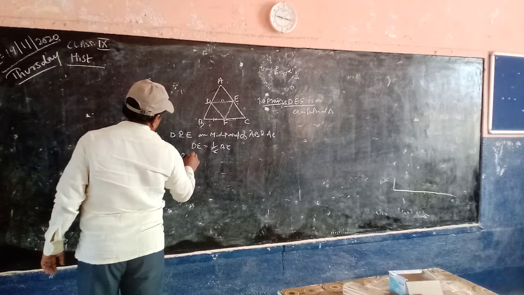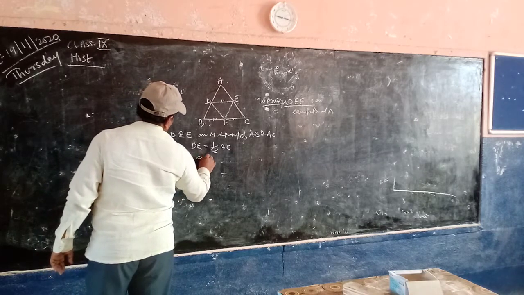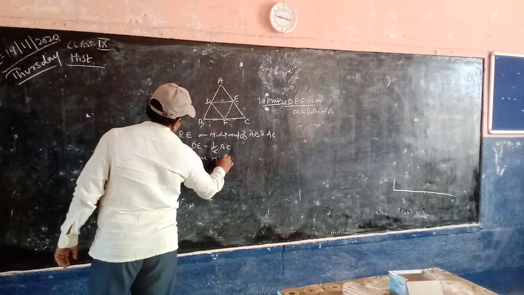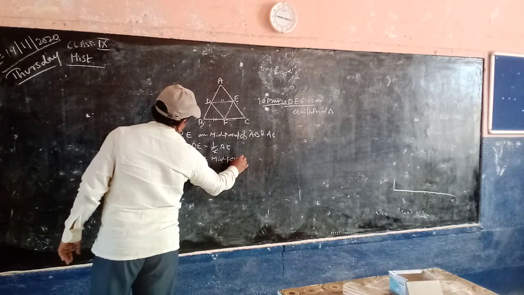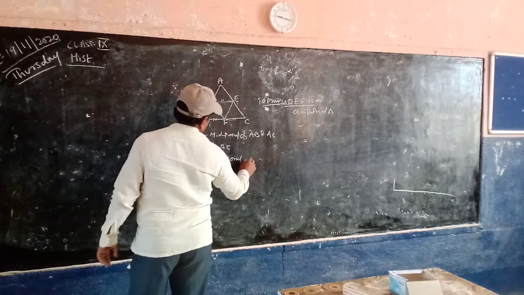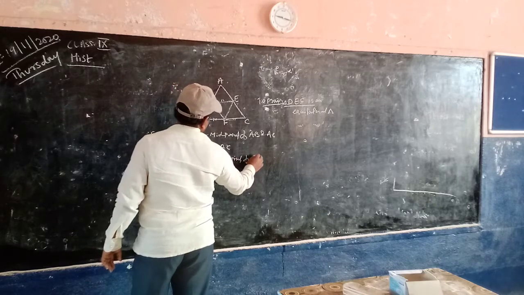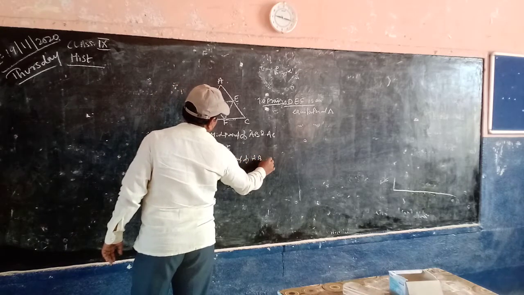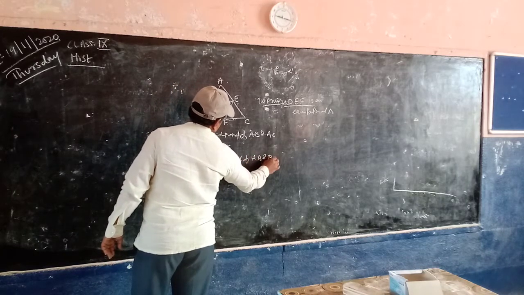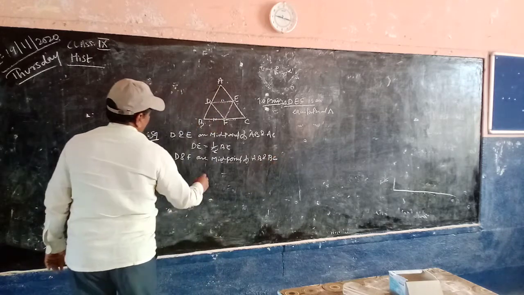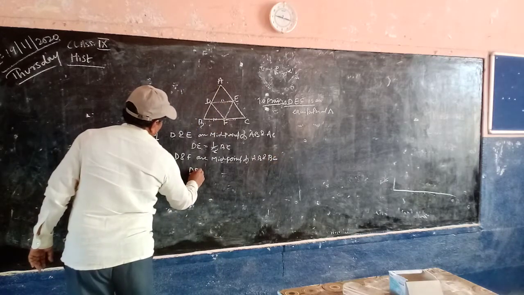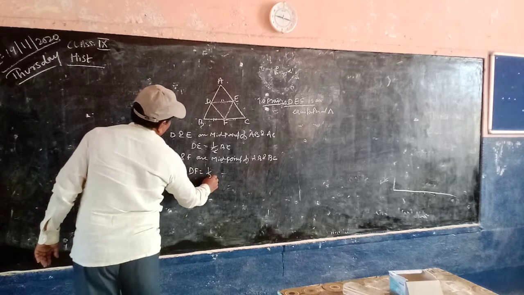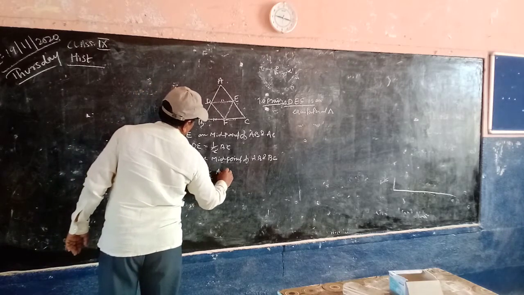Now D and F are the midpoints of AB and BC. So DF equals half AC.